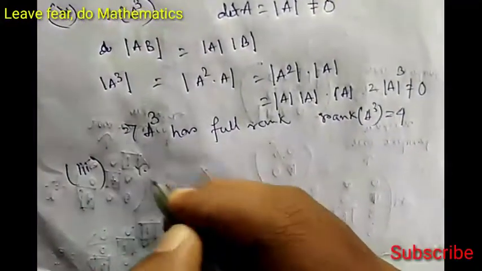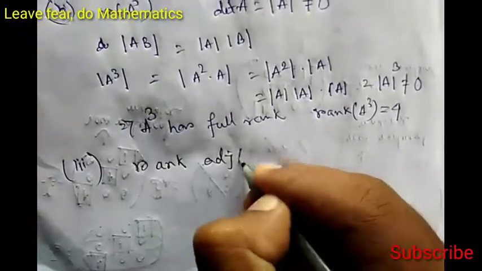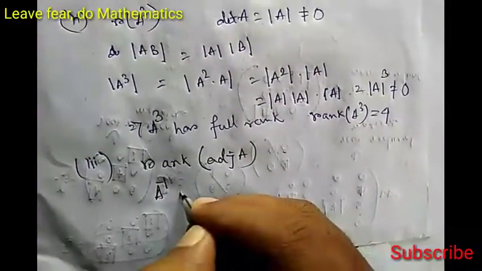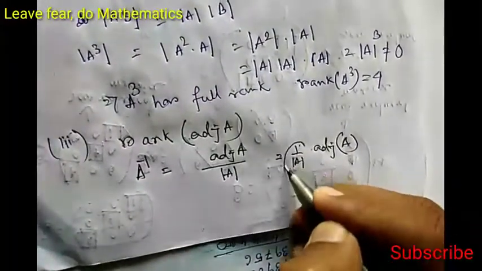Now we will find the rank of adjoint A, option 3. Look, we have A inverse equals adjoint A over det A, so this is equal to 1 over det A times adjoint A. This 1 over det A is a real number, so it does not affect the rank of the matrix.